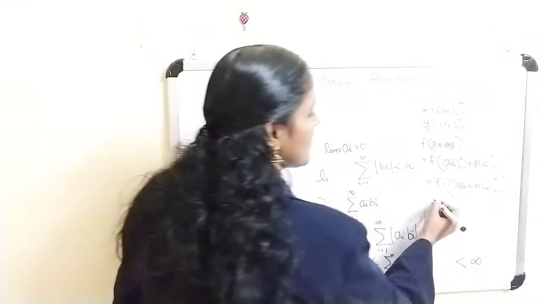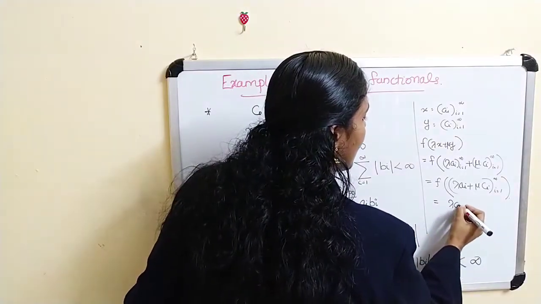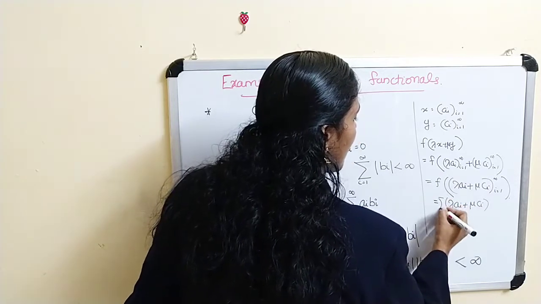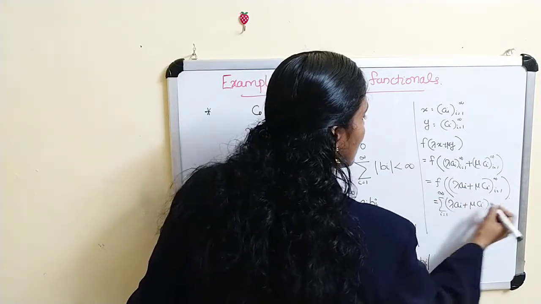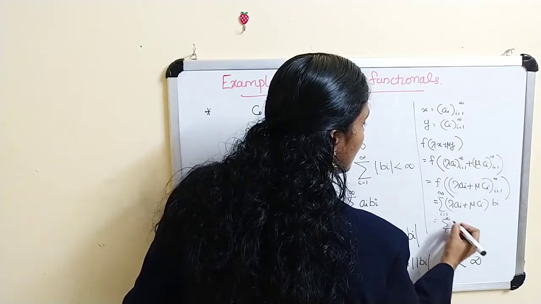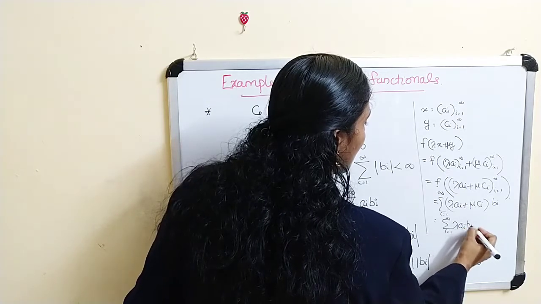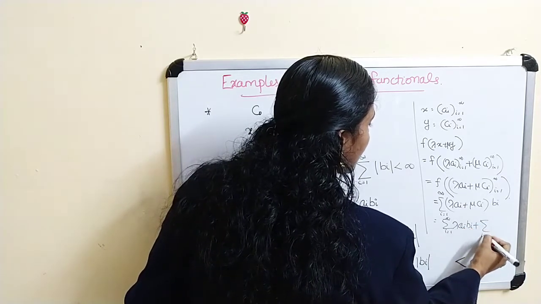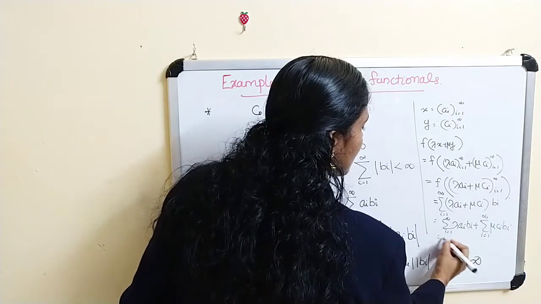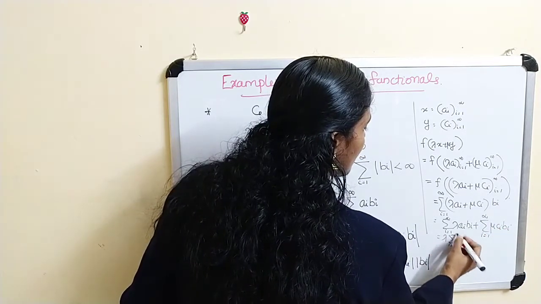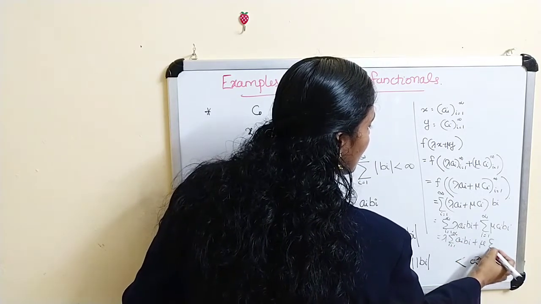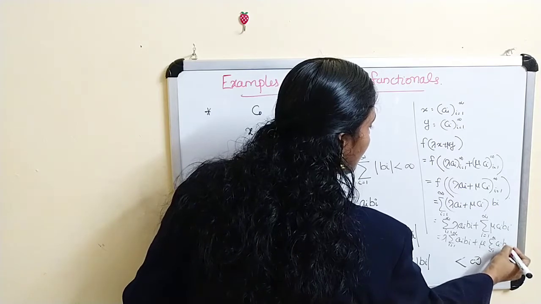And this is equal to sigma i equal to 1 to infinity of (λa_i + μc_i) times b_i, which is equal to sigma λa_i b_i plus sigma μc_i b_i, which is equal to λ sigma a_i b_i plus μ sigma c_i b_i.